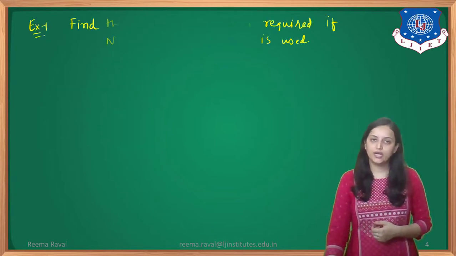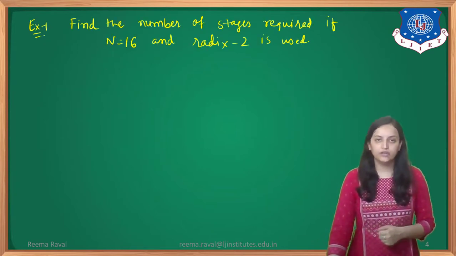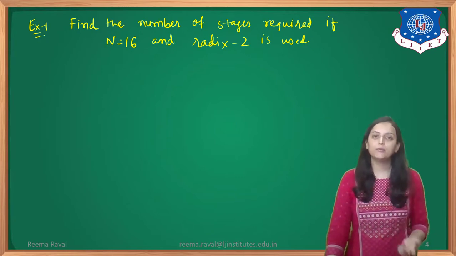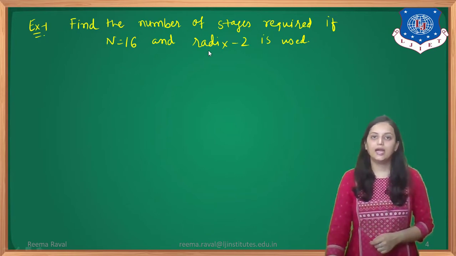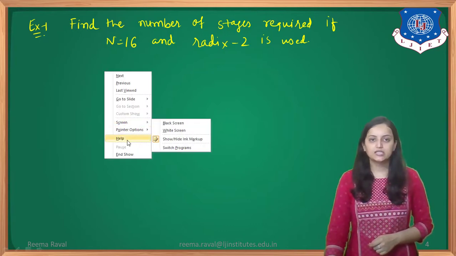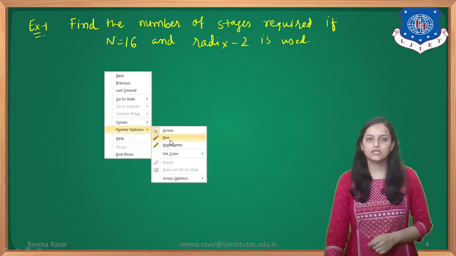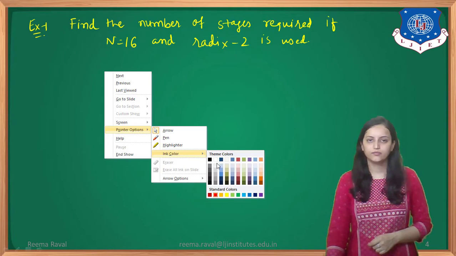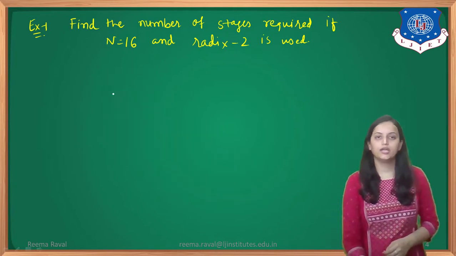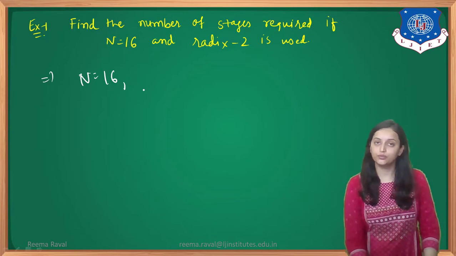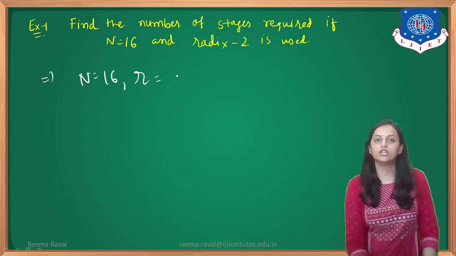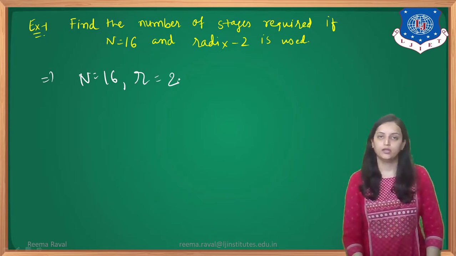Let us consider one more example. Here the data given to us is to find the number of stages required if n equals 16 and radix 2 is used. So let us see how we can solve this. What is given to us is n equals 16 and radix 2, that means base r is 2.